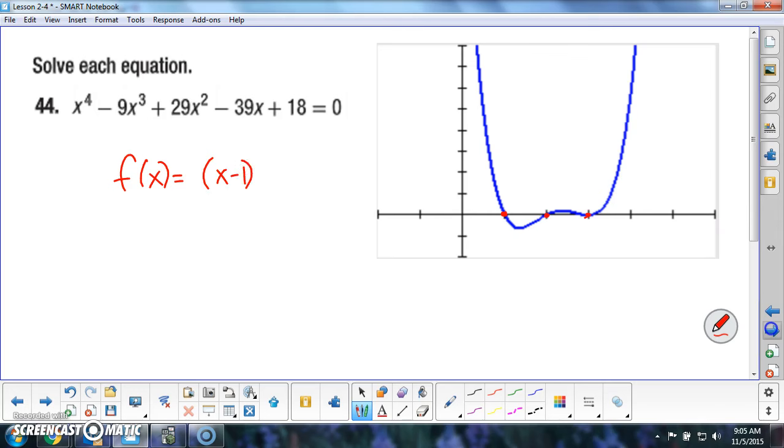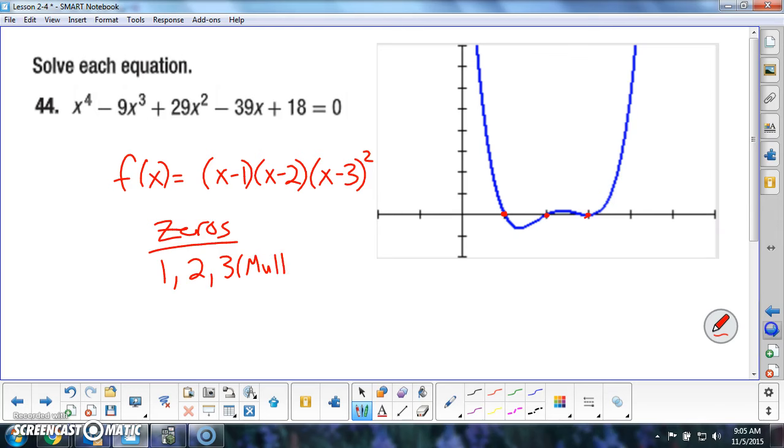X minus 1, x minus 2, and then x minus 3 with a square on it, multiplicity 2. So my zeros, my solutions would be 1, 2, and 3, and the answer at 3 is multiplicity 2.